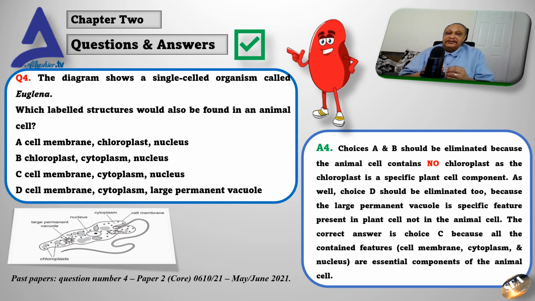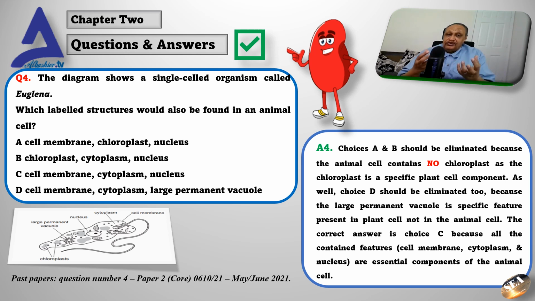Which labeled structures would also be found in an animal cell? He wants the structures in this one that are found in an animal cell. Euglena is a plant cell, actually.